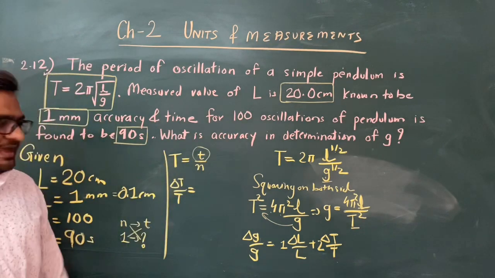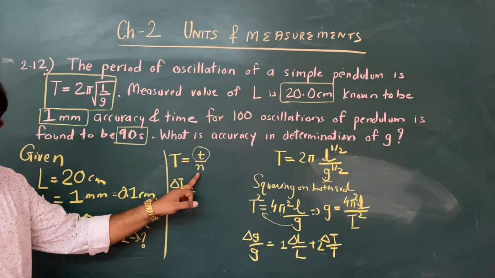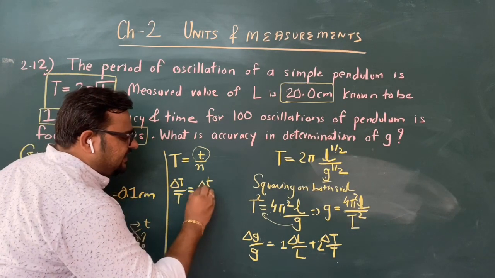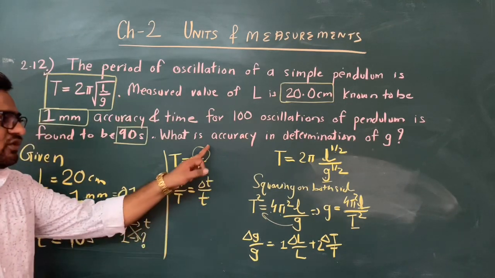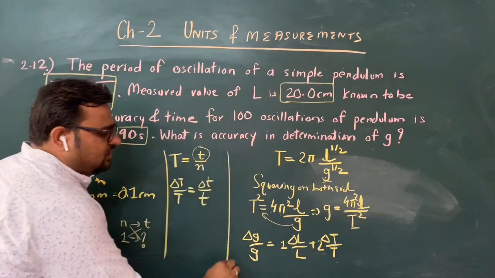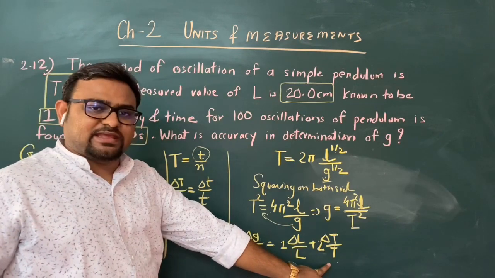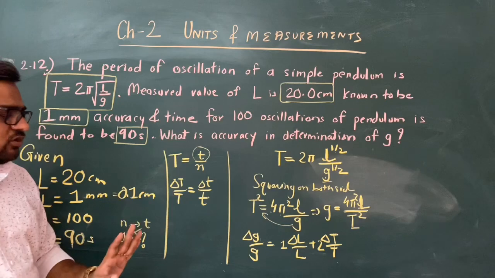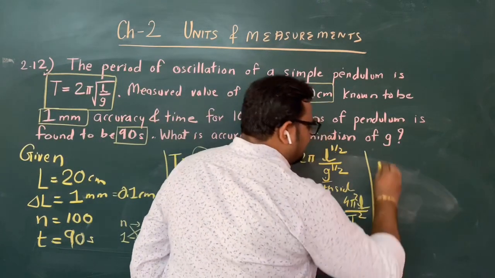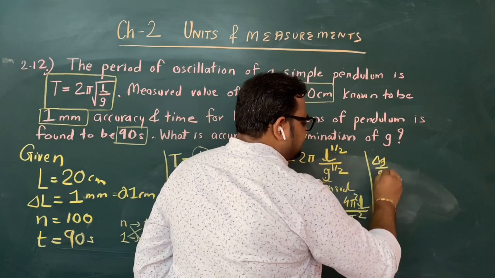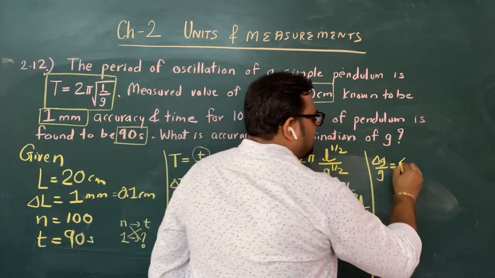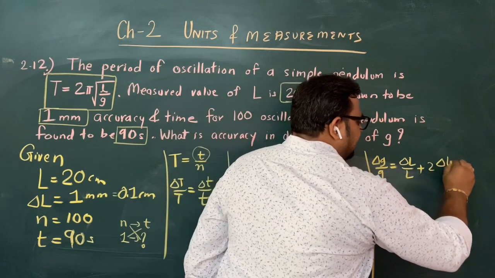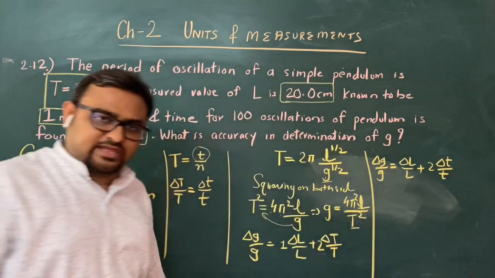Small t, not N. N is not a measured quantity, it is the number of oscillations. So this will be delta t by t because the power of t is 1. So instead of delta T by T, I can use delta small t upon small t. So delta G by G will be equal to delta L by L plus 2 times delta t upon t. Clear?